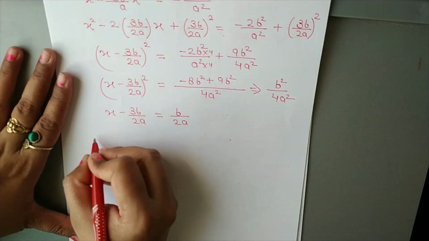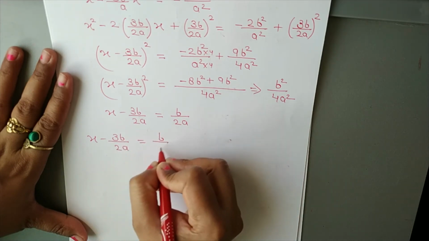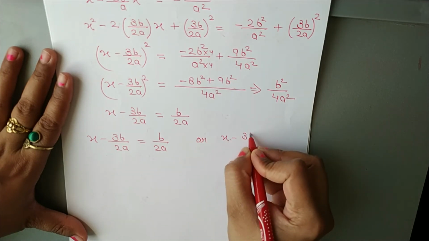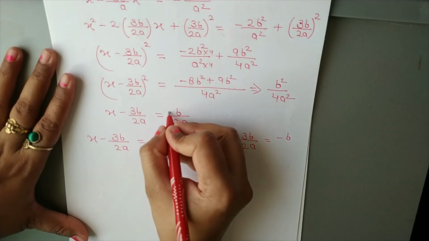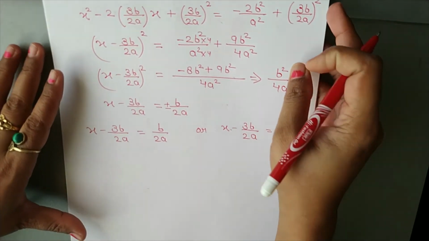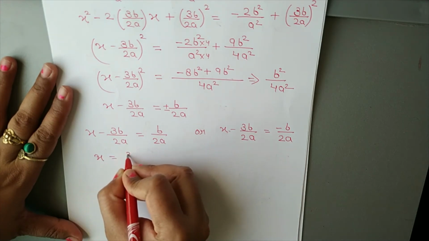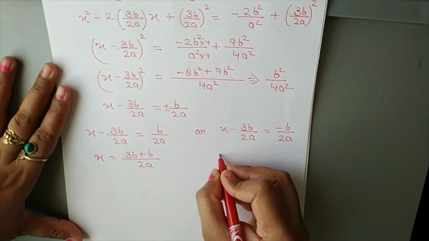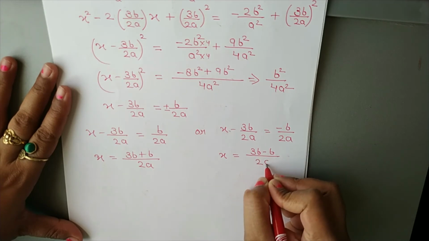So x − 3b/2a = b/2a, or x − 3b/2a = −b/2a. So x = (3b + b)/2a, and x = (3b − b)/2a.